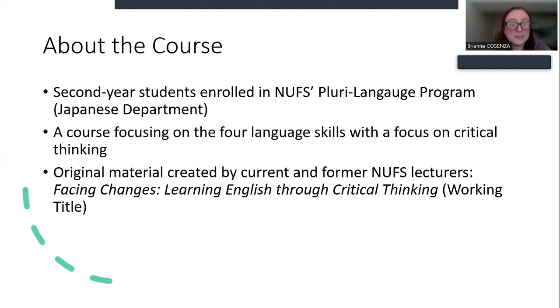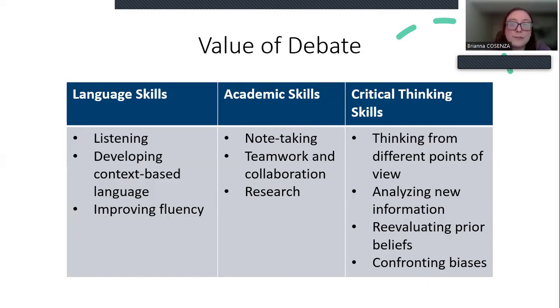The working title is Facing Changes, Learning English Through Critical Thinking. First I want to talk a little bit about the value of debate in classes. I divide it between language skills, academic skills, and critical thinking. Of course, with language skills, it's great for strengthening your listening skills while also developing content-based language about the topic and improving your fluency.